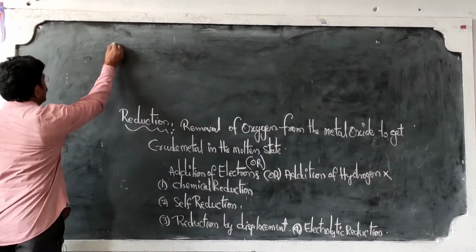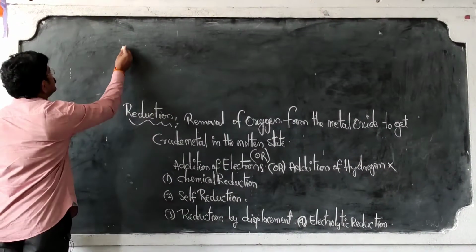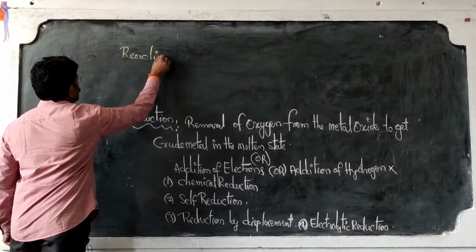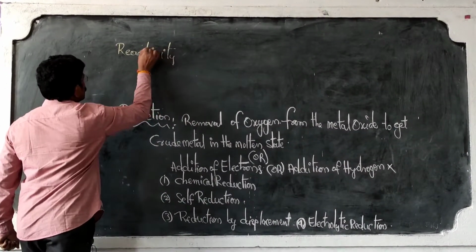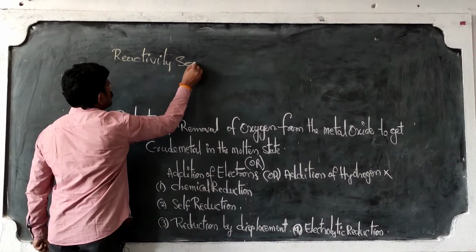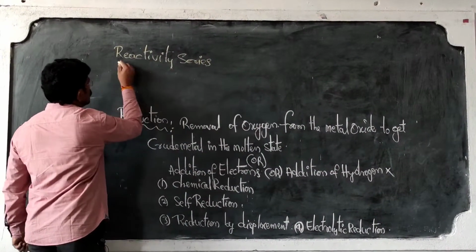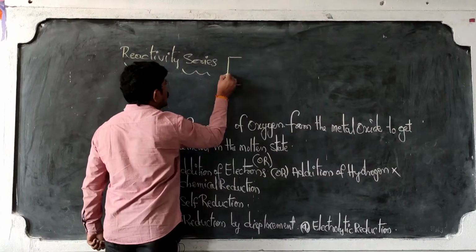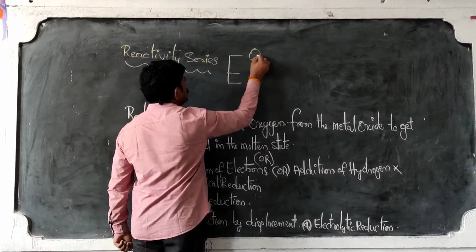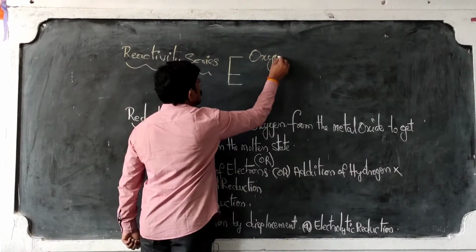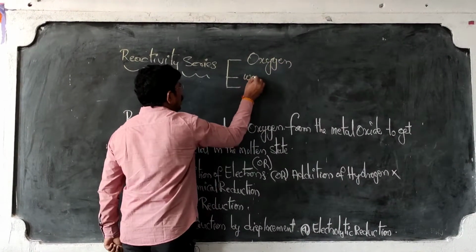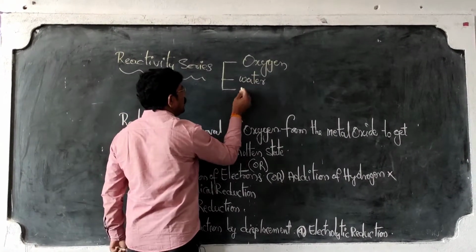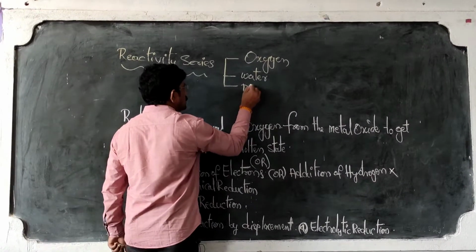So depending on these three, see this one, reactivity series. How we decided? By considering reaction of the metals with oxygen. Second one is reaction of the metals with water. The third one is with dilute acids.